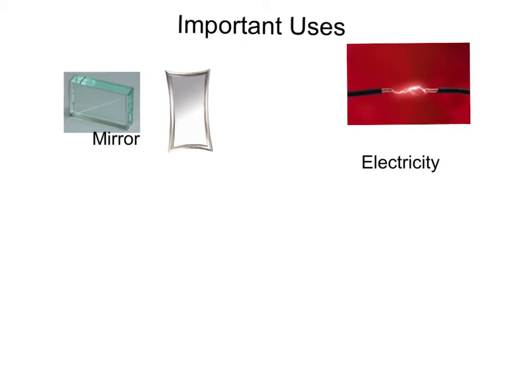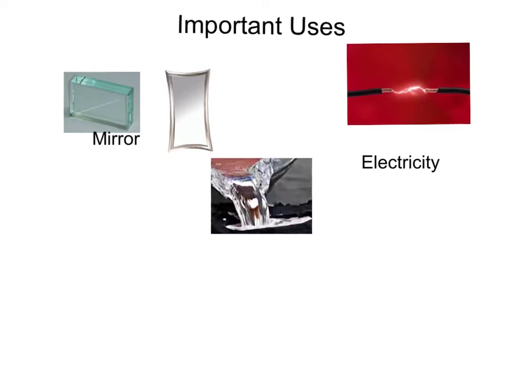And the last important use that I will share with you is that gallium has been used as a component in low melting alloys. Basically, gallium has been used as a component, which means it has been used as a smaller part of the bigger thing. Here, I'll bring up a picture. This is from a company, and it looks basically like water.